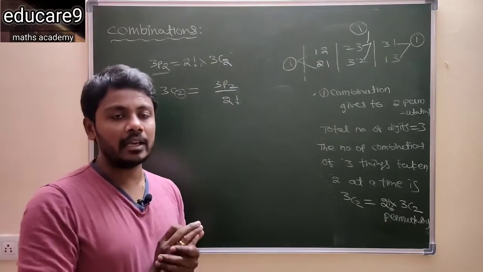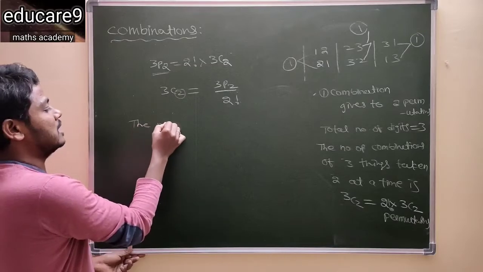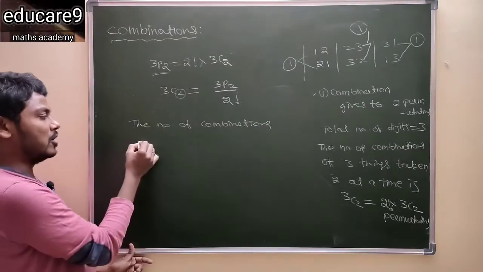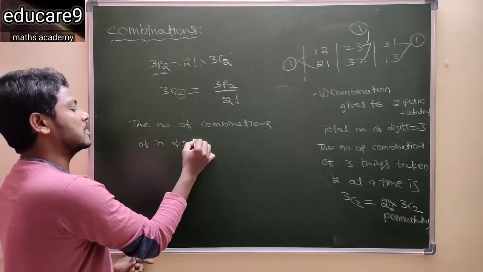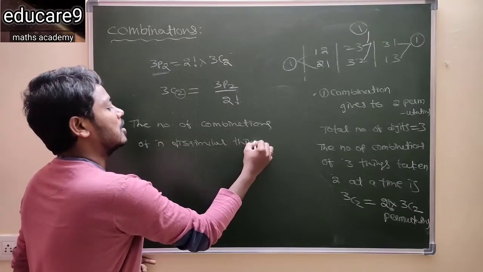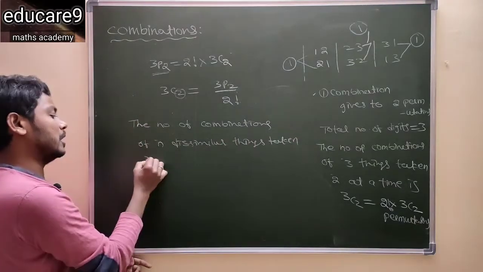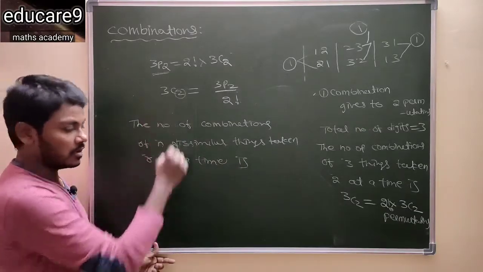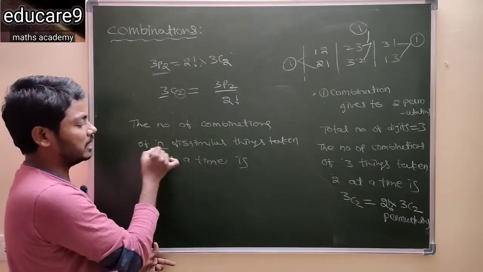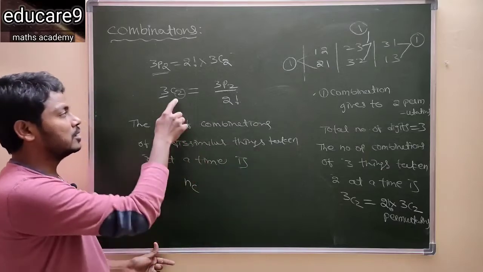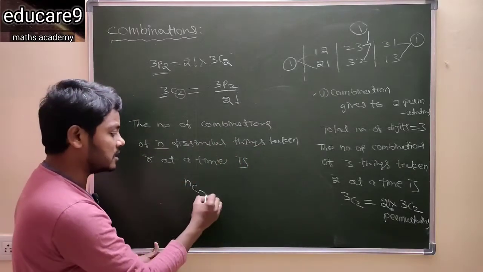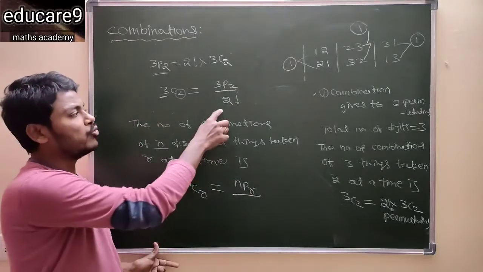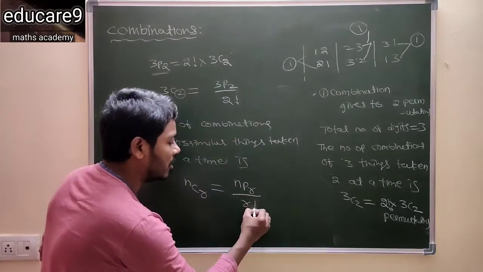If the given objects are n, that means the number of combinations of n dissimilar things taken r at a time is, here the number of objects is n, taken r at a time, nCr, equal to the total number of permutations nPr divided by r factorial.